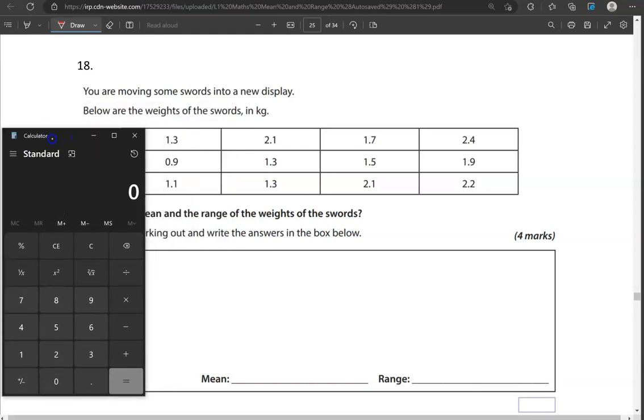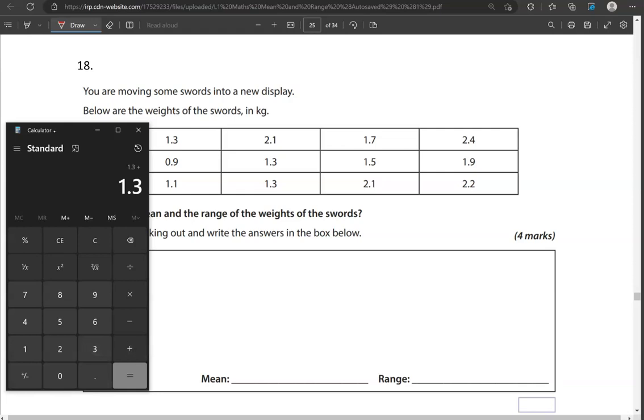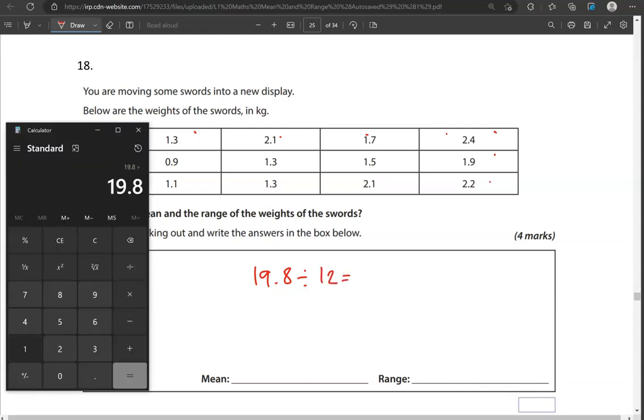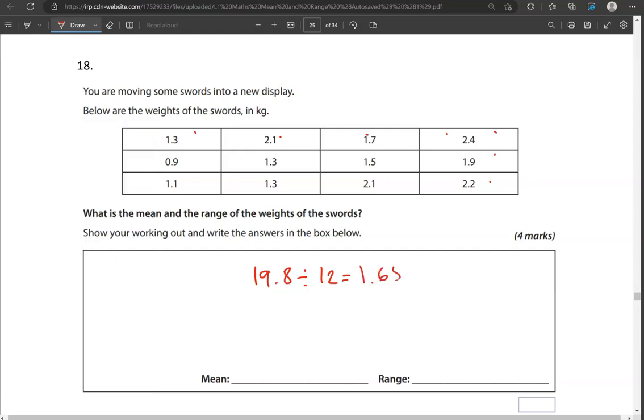So we'll first work out the mean. 1.3, add 2.1, add 1.7, add 2.4, add 0.9, add 1.3, add 1.5, add 1.9, add 1.1, add 1.3, add 2.1, add 2.2 gives us 19.8, divided by 1, 2, 3, 4 times 1, 2, 3, which is 12.